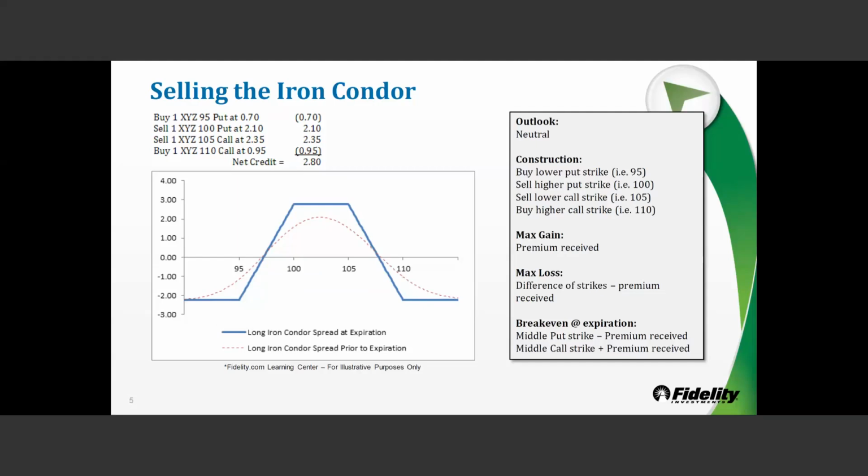You can have a call spread for both a bull and a bear spread. Similarly, you can have a bull put spread and a bear put spread. So here, put and call are kind of the same thing. One is not a bull and one is not a bear.